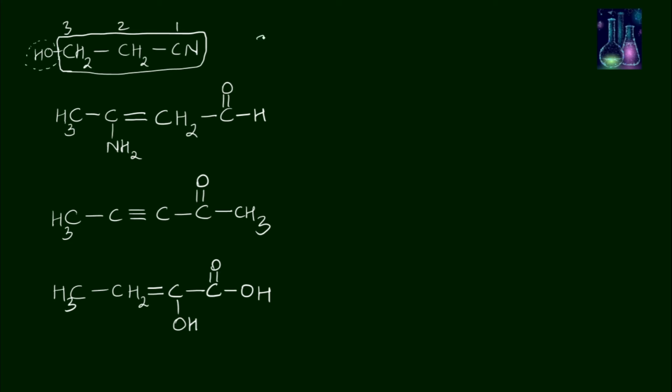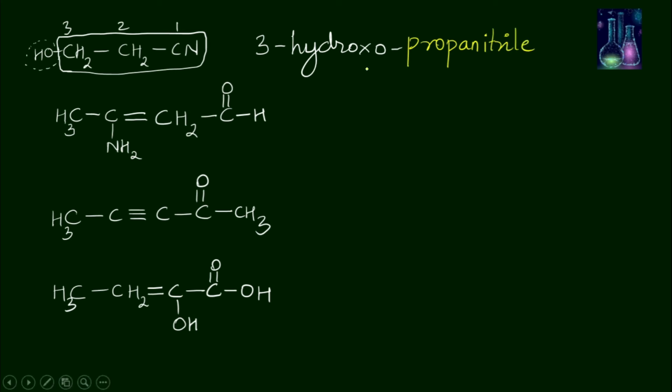Therefore, the name of the molecule is 3-hydroxy-propane, but the E is replaced by nitrile. Propanenitrile. You need not put number 1 because by default the carbon atom is at the first position.